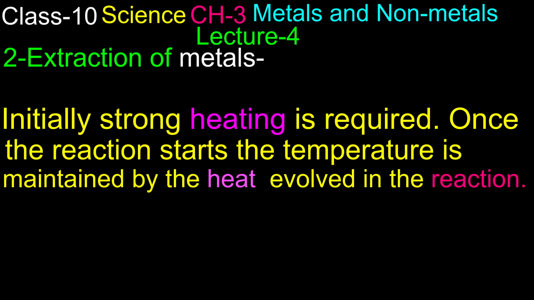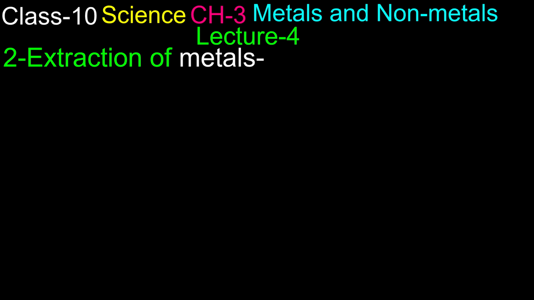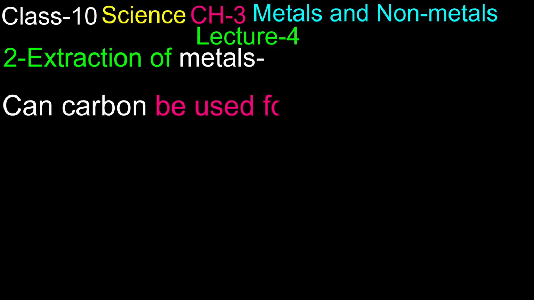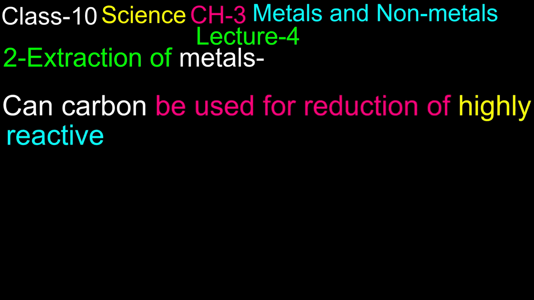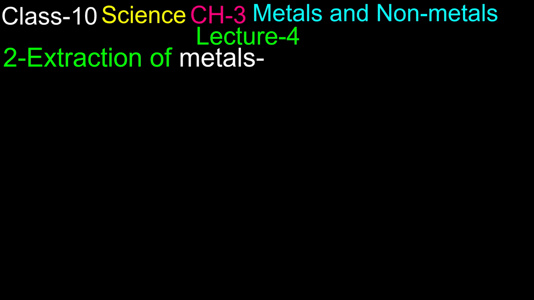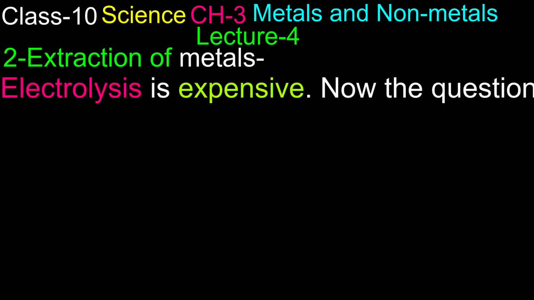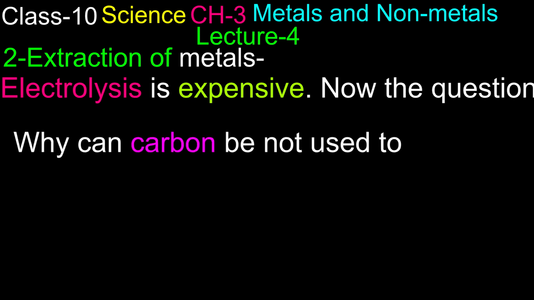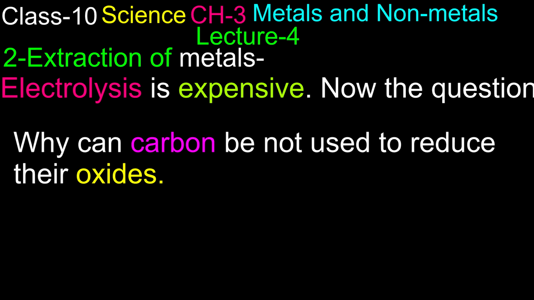Now the question arises, can carbon be used for reduction of highly reactive metals? Explain. Electrolysis is expensive process. Now the question is, why can carbon be not used to reduce their oxides?